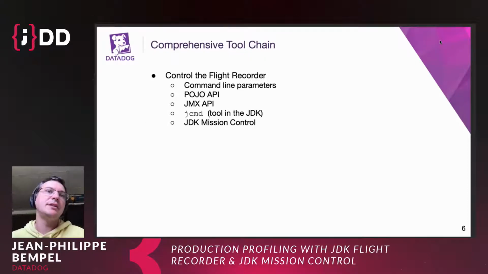So JFR is bundled with a comprehensive toolchain. You can control Flight Recorder using the command line parameter -XX:FlightRecorderOptions. You can use the JMX API with, for example, VisualVM or JMC. JCMD is a command line tool provided by the JDK, and finally, JDK Mission Control.